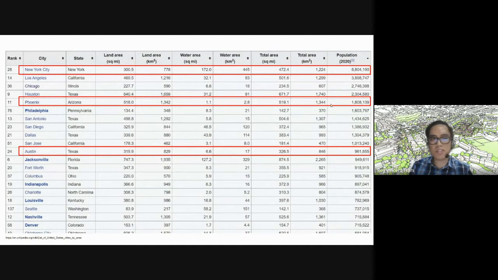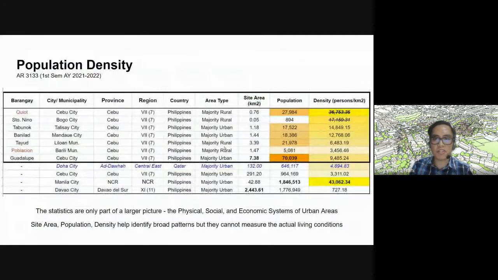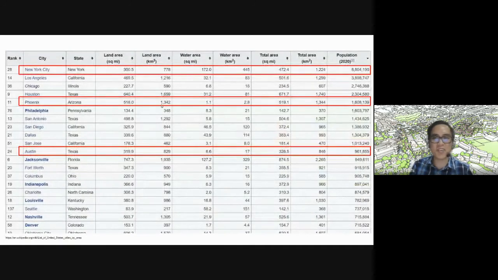And then the closest American city that is similar to Manila is Phoenix, Arizona, with a total land area of 1,342 square kilometers. Again, very, very large, like 10 times larger than, let's say, that 1,040, a big number. I can't calculate it right away in my head.